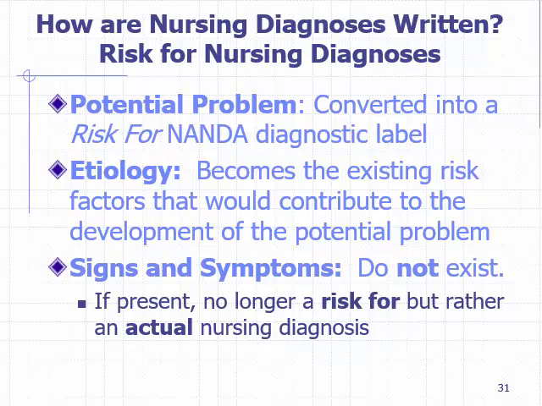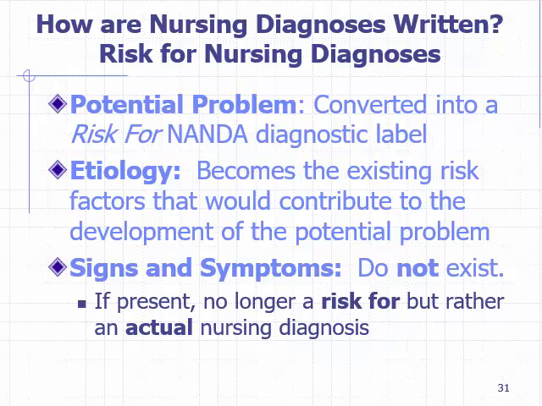Any potential problem can be converted into a risk for NANDA diagnostic label. For example, risk for impaired skin integrity. Okay. Here, the etiology, also called the related to, becomes the existing risk factors that contribute to the development of the potential problem. Multiple etiologies can exist in this situation.